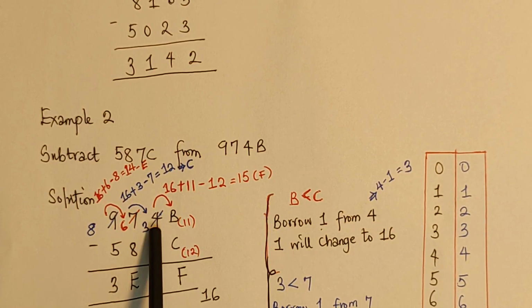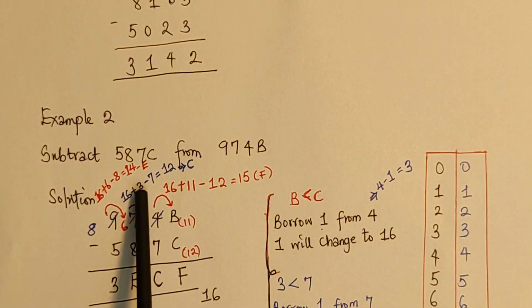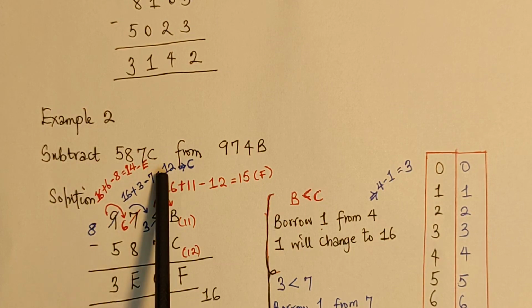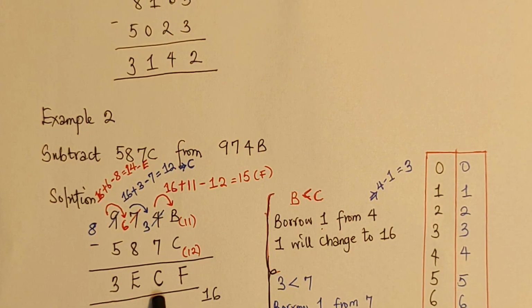Any borrow you have done will change to 16, because we are working in hexadecimal form. So 16 plus 3 minus 7, that's 19 minus 7, will be 12. In hexadecimal form, 12 is C. So I have written C.